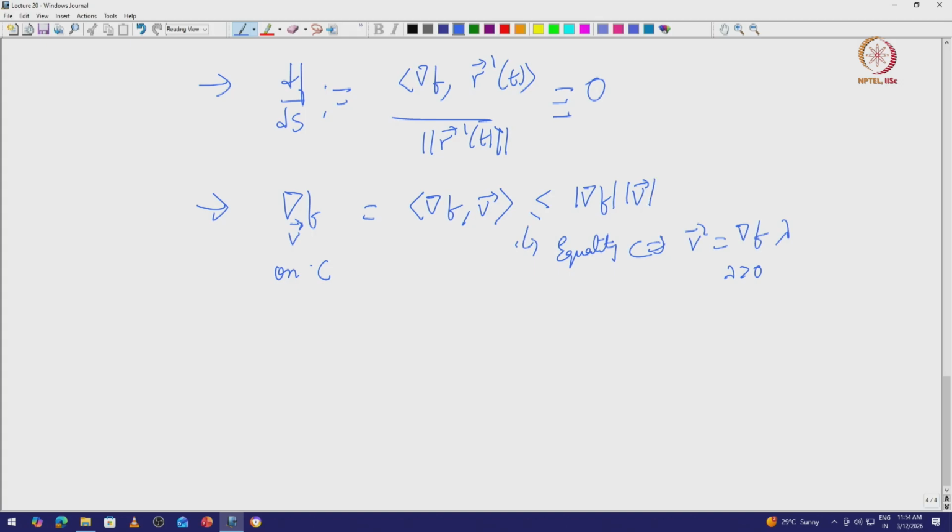So meaning the directional derivative of f is highest along the normal to the curve.